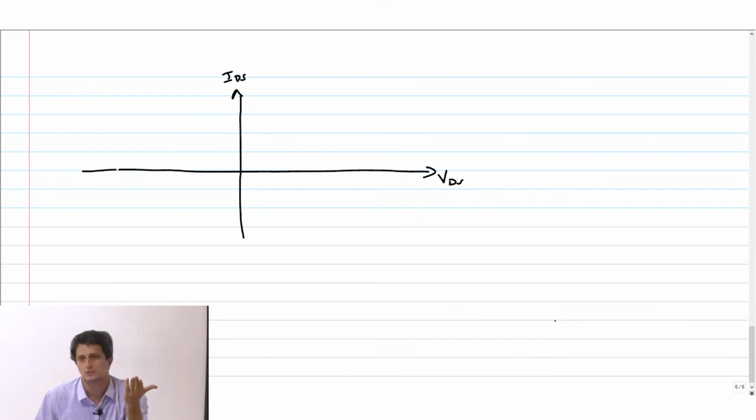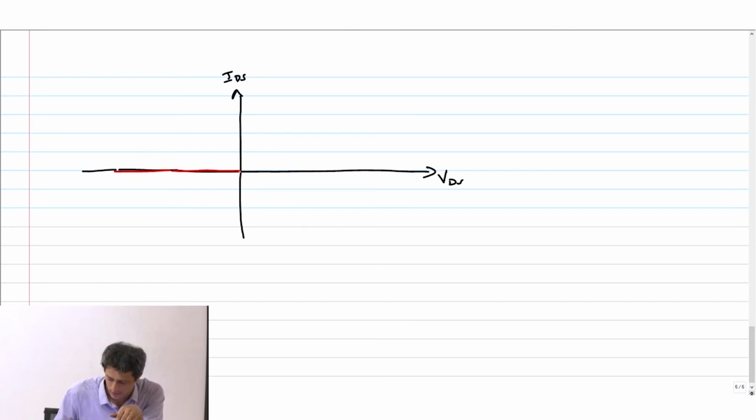The third quadrant, right? VDS has to be negative and IDS is also a negative number. And therefore, in these plots, if VGS is not enough to turn on the transistor, obviously the current will just be 0. No big deal about that.